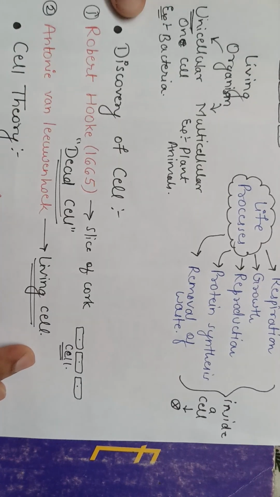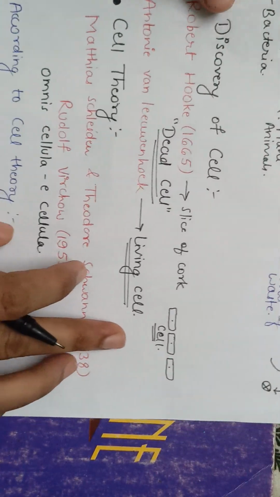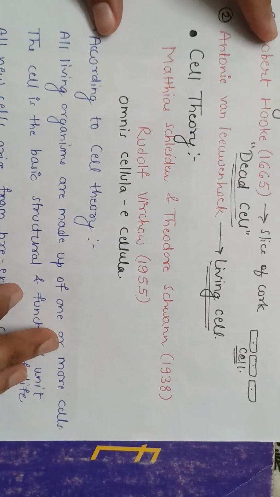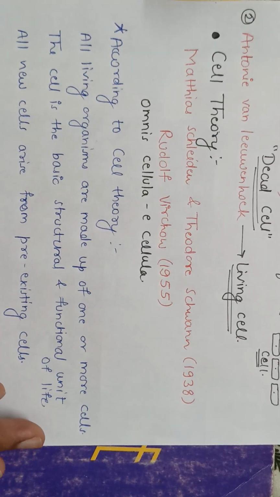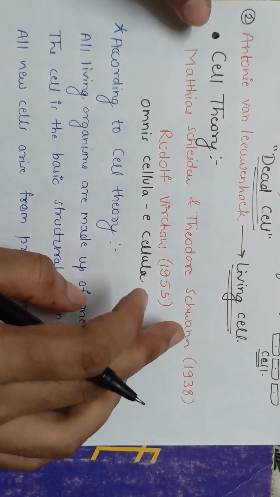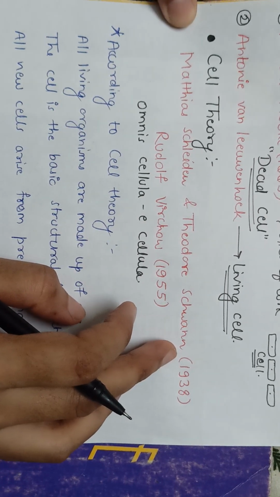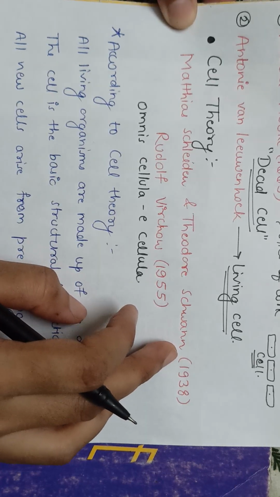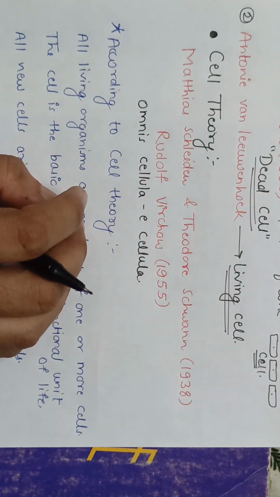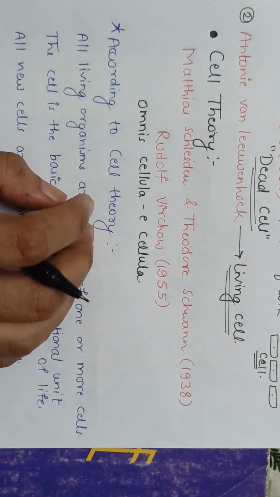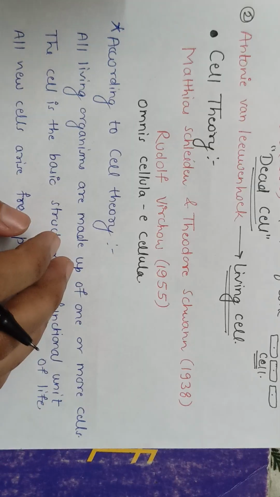Okay? So now the next thing is cell theory. Matthias Schleiden and Theodor Schwann in the year 1838 put forward the cell theory. They gave two theories actually: all living organisms are made up of one or more cells, and another was that the cell is the structural and functional unit of life.